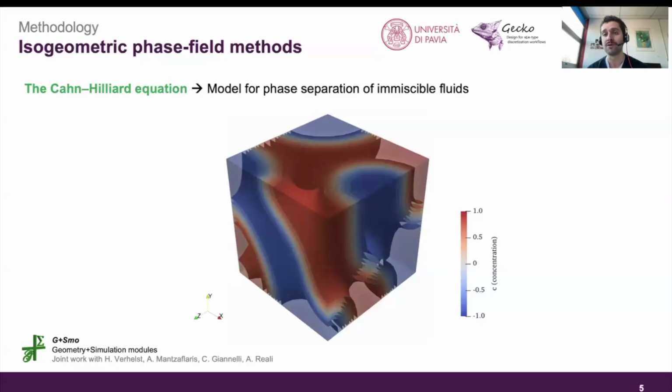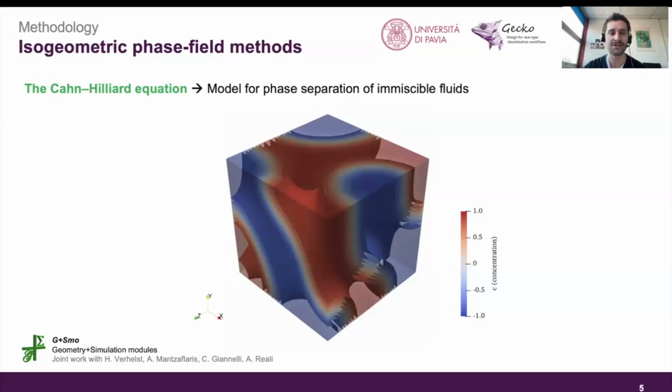This essentially motivates our work in the direction of adaptive schemes, because what we want to achieve is very fine discretizations across the interfaces, while everywhere else in the equilibrium phases we can be coarser.